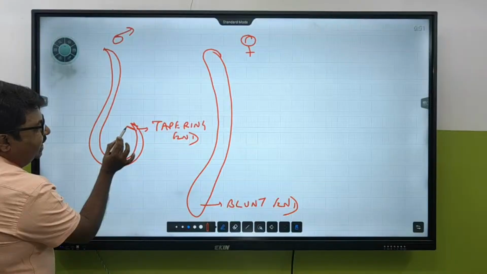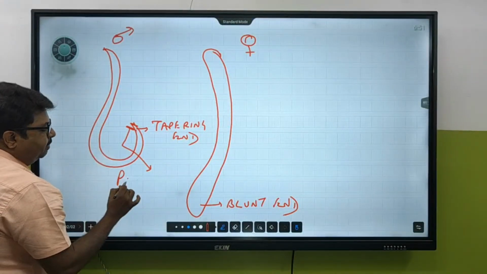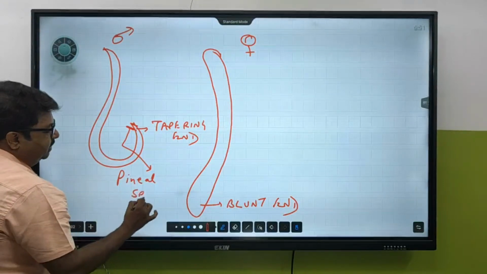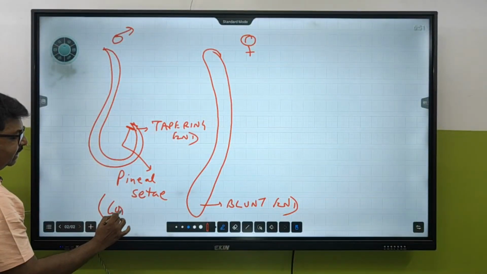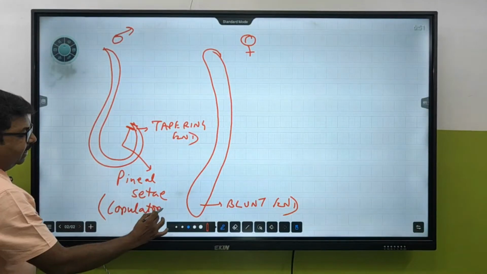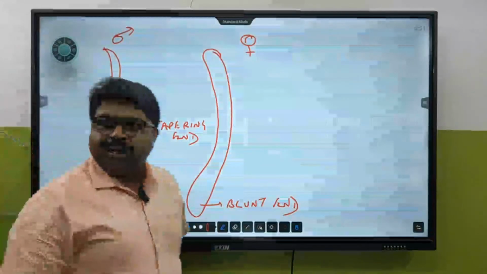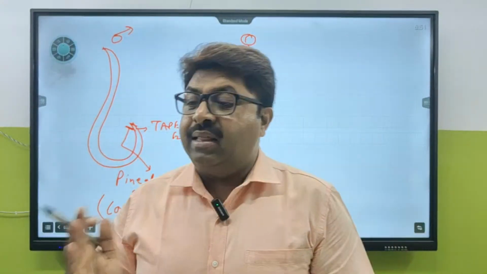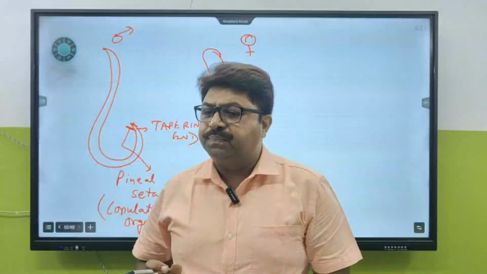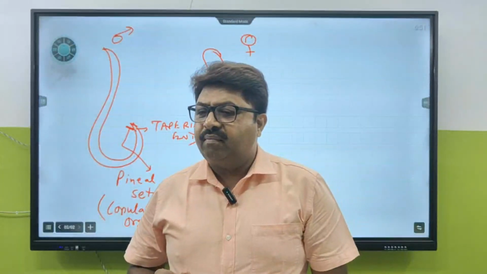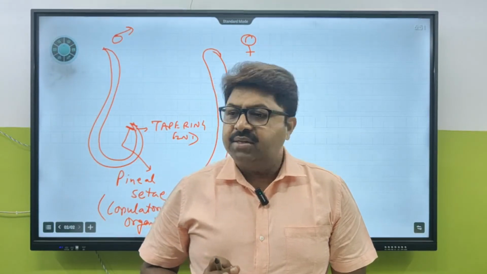In these pointed ends of the male, you can see a structure, a penis or copulatory organ, which we call penial setae. This acts as a copulatory organ and helps in copulation. That means what kind of fertilization do they show? Male and female are separate bodies, so internal or external? Internal fertilization.